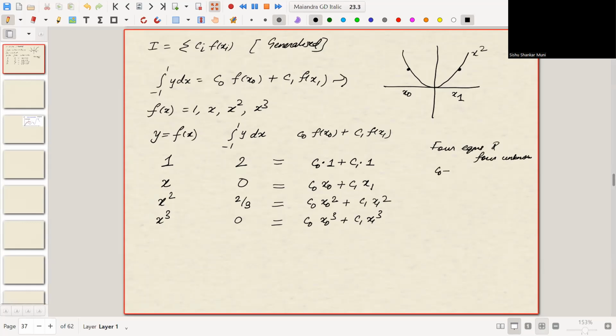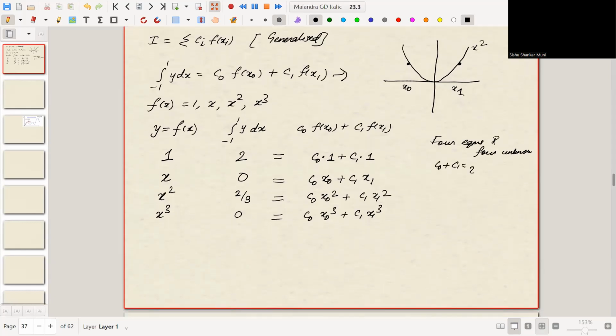So those are c0 plus c1 equals 2. c0 x0 plus c1 x1 equals 0. c0 x0 square plus c1 x1 square equals 2 by 3.